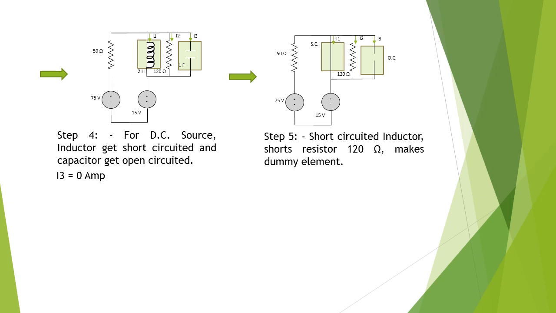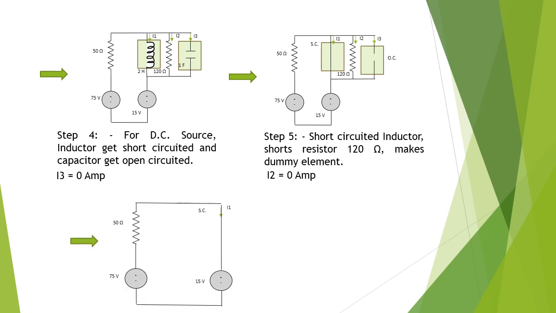So it makes that 120 ohm element a dummy element. So I2 is also equal to 0, as there is no current passing through that resistance, since the 120 ohm becomes a dummy element. Therefore the current passing through that resistance is also equal to 0. Now this is the new circuit, after replacement of that resistor and capacitor.